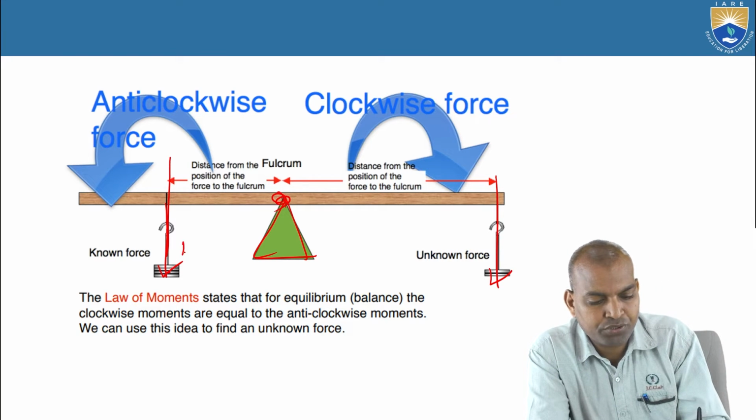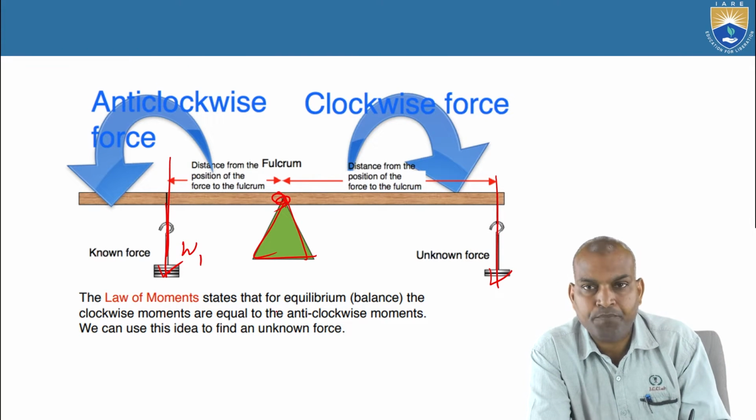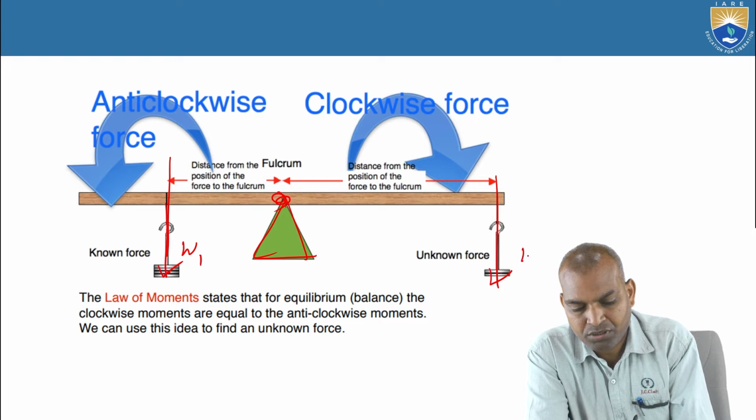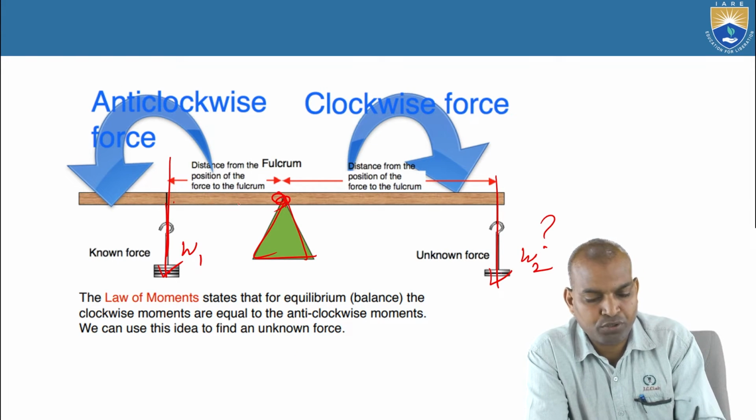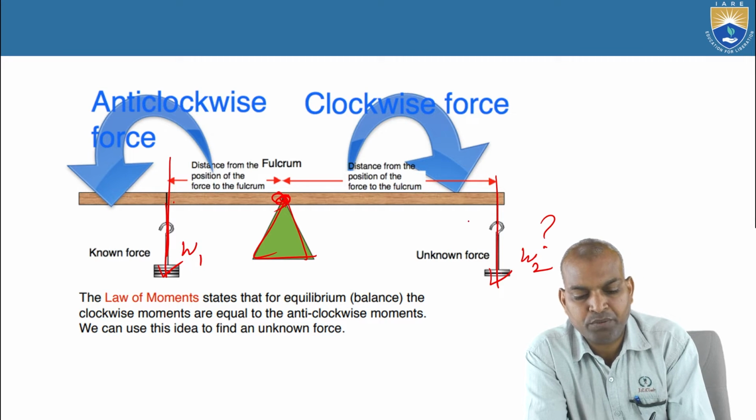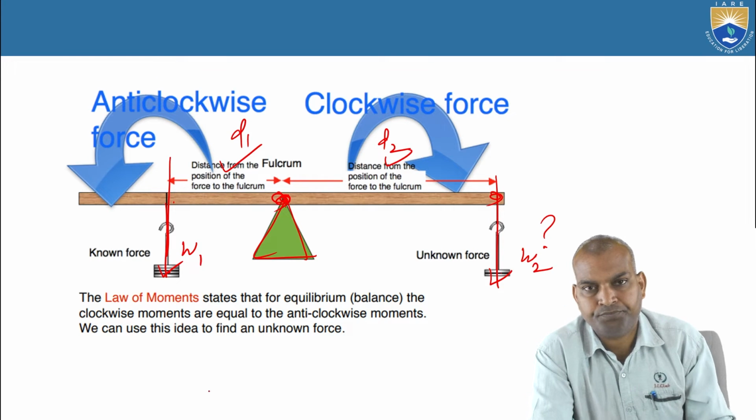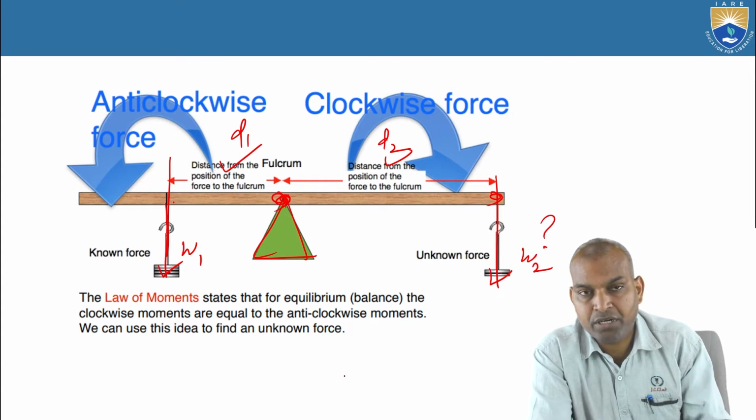Suppose this is the known force W1. This unknown force W2 has to be found. We know the distance of the known force from the pivot and the distance of the unknown position from the fulcrum. These two distances are known, D1 and D2. How do we find W2?